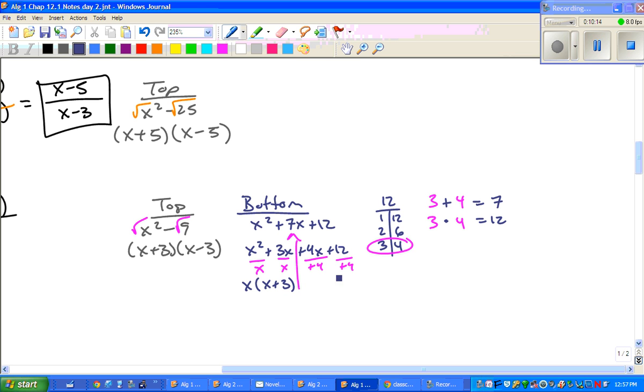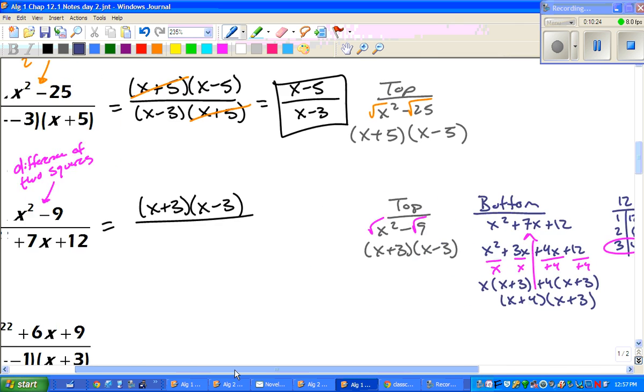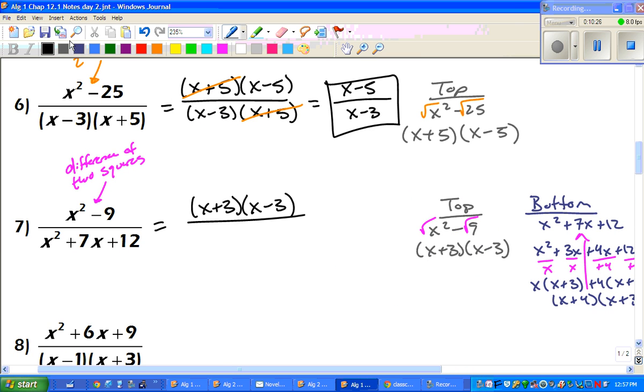We're left with x plus 3 and x plus 3. So that means we did it right. So our binomial is x plus 4 and x plus 3. So over here, x plus 4, x plus 3. Okay, and can we cancel anything out? Yep, we can cancel out our plus 3's.